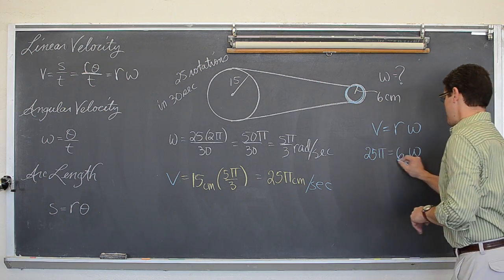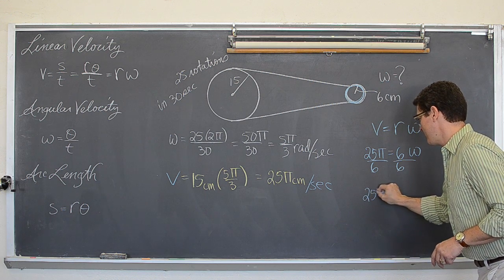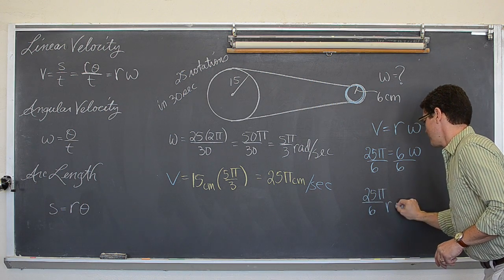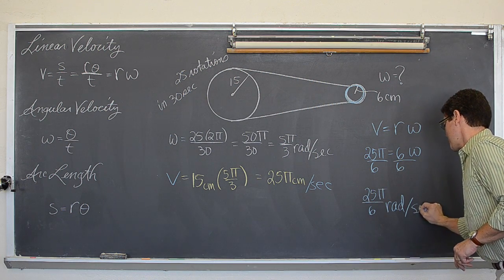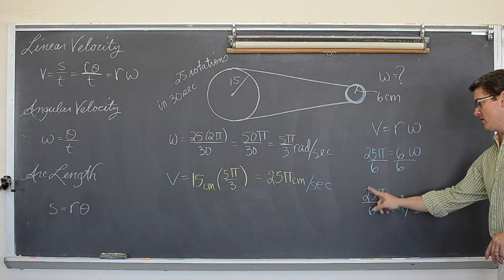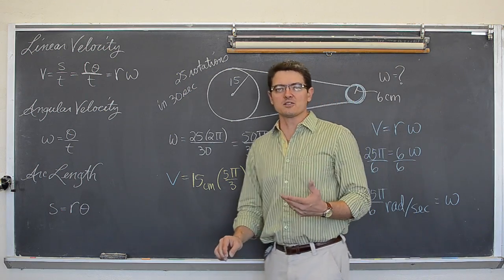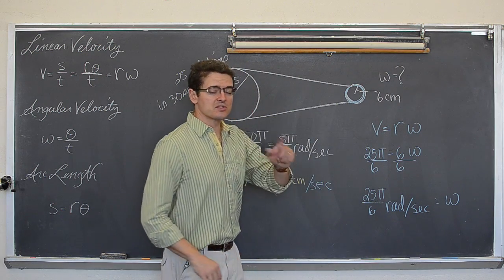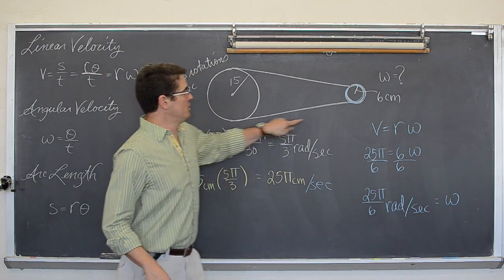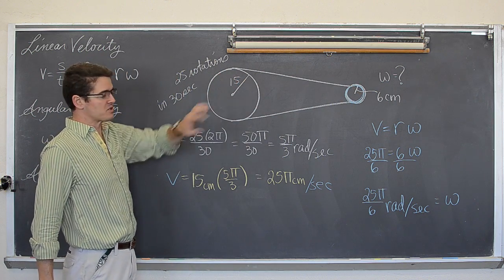Divide both sides by 6, and that's 25 pi over 6 radians per second for the back sprocket. That is a larger radians per second value than the front sprocket, because the back sprocket is smaller, so it has to turn faster to move that same amount of chain you're pulling around the front sprocket.